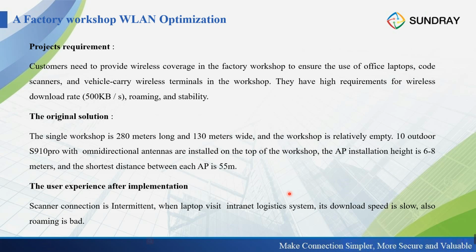The original solution we use is outdoor APs. It is very common that we use the outdoor AP to cover the workshop manufacturer scenarios, because the space is big and the scenario may have lots of oil, and sometimes it's very cold inside, so it's better to use the outdoor APs.